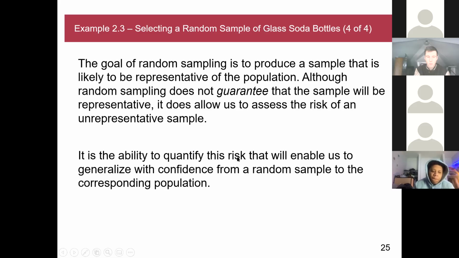So we can quantify this risk, and therefore we can have confidence in making conclusions about the big population from this smaller sample. The only way we can do that is if we do random sampling, because then we can assign those probabilities.